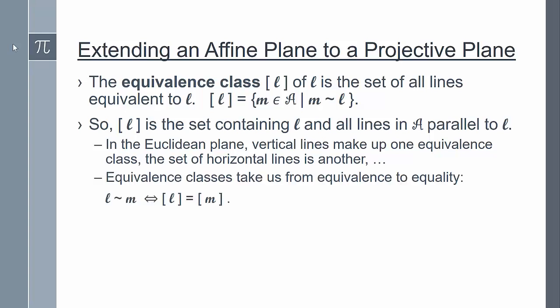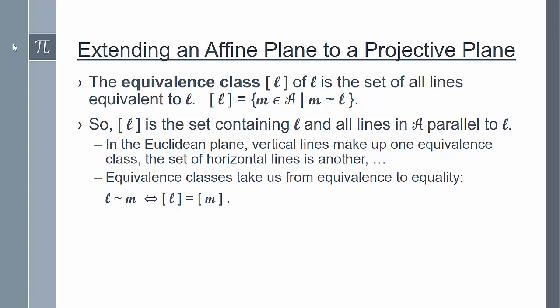The beautiful thing about equivalence classes is that we had L is equivalent to M, but now we're going from equivalence to an equation. We have equality when we say the equivalence class of L equals the equivalence class of M. That means that L and M are either equal or parallel.